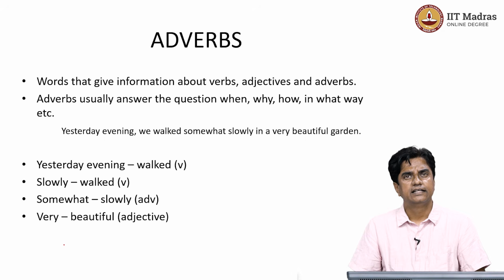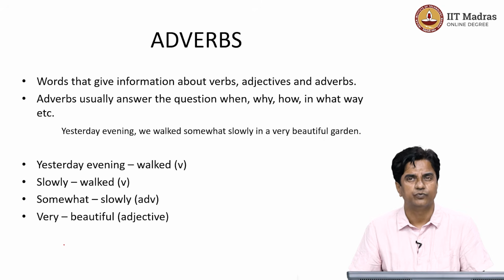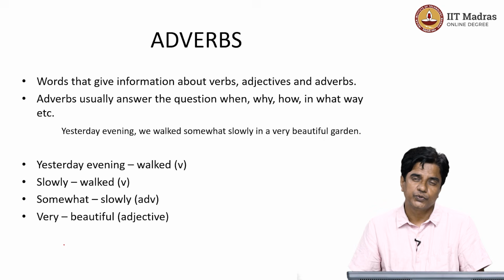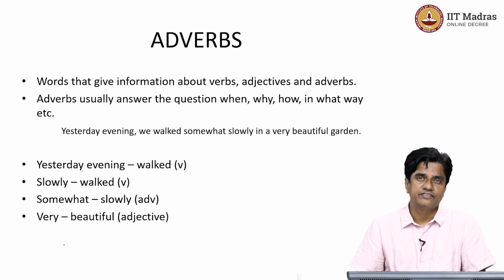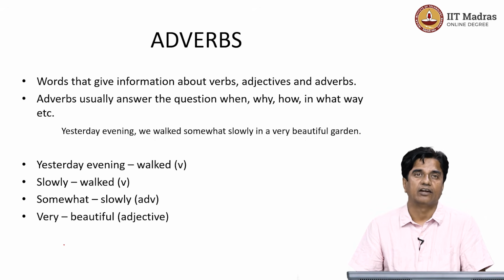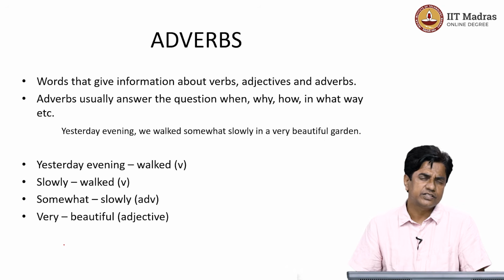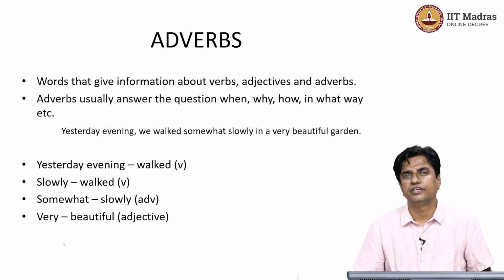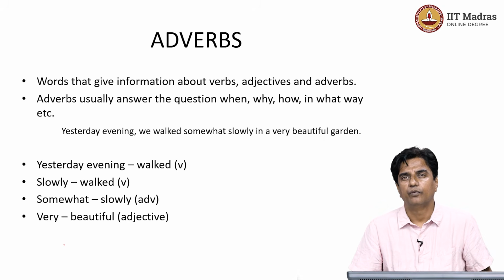As you can see, you can get some idea from the name itself. It has something to add to verbs, or something to add about verbs. So a word that gives information about verbs or adjectives is an adverb. It gives information about adjectives also, but largely it gives you more information about verbs.